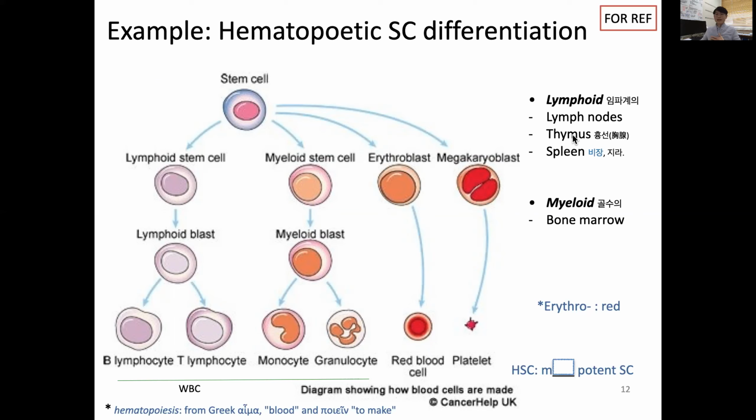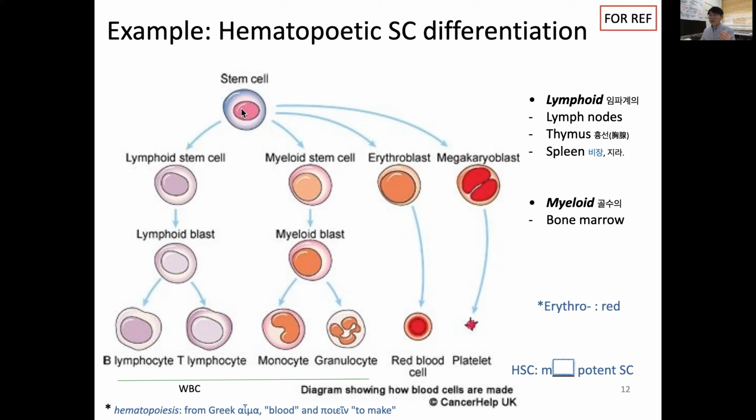That's a gland underneath our chest, and also it's related to the spleen, which is responsible for a lot of immune function and also filtering old senescent red blood cells. So that becomes a lymphoid blast, and that terminally differentiates into B cell and T cell, or we call B lymphocyte and T lymphocyte, which are part of our white blood cells.